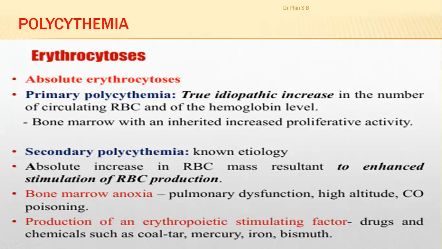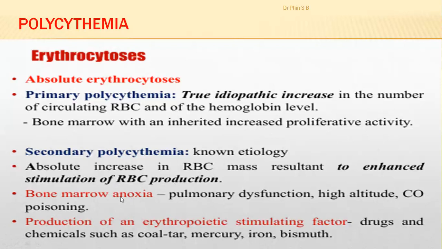So there are certain diseases that will result into more production of erythropoietin that will stimulate now the hematopoietic stem cell to differentiate into red blood cells. So this secondary polycythemia is as a result of another disease that is stimulating the factors that can stimulate erythropoiesis. For instance, you have bone marrow anoxia.